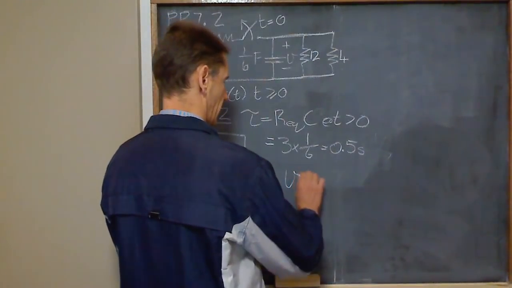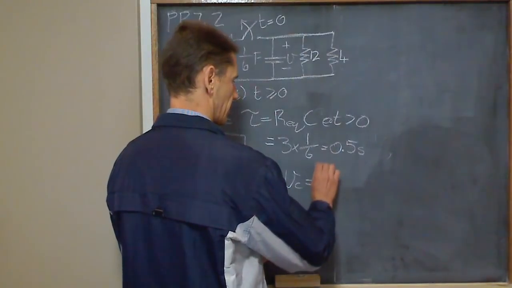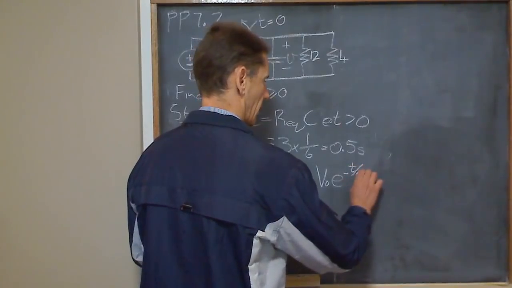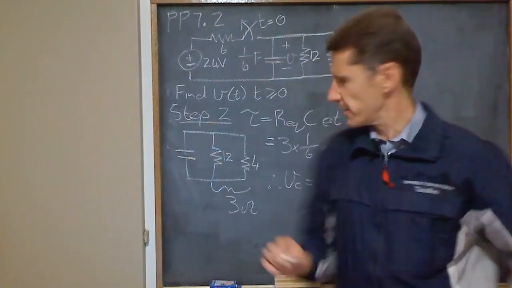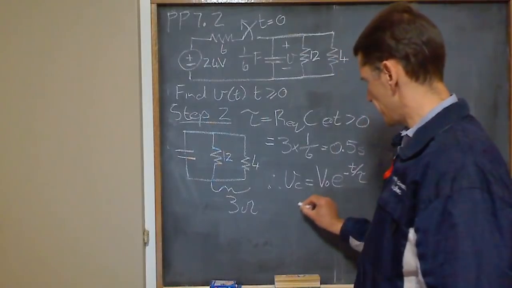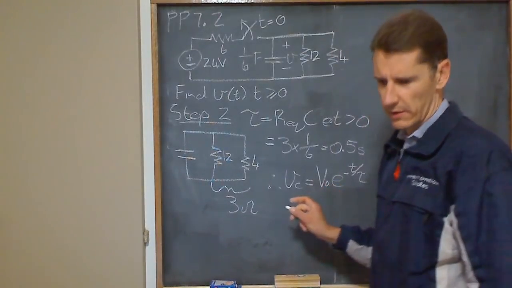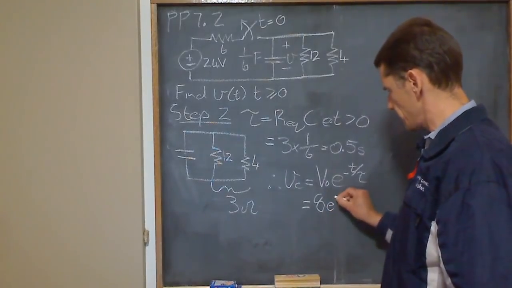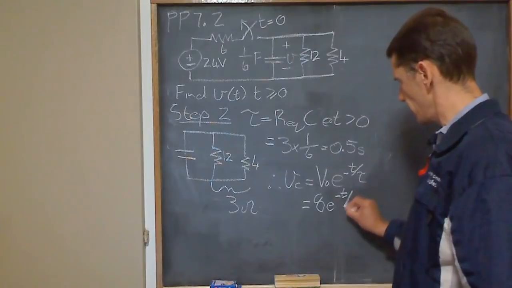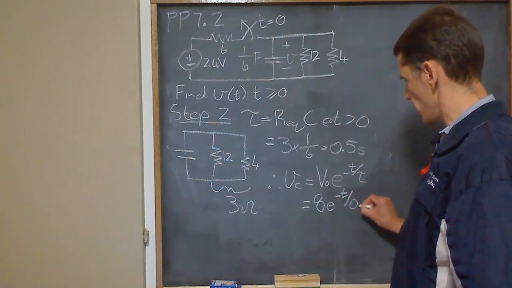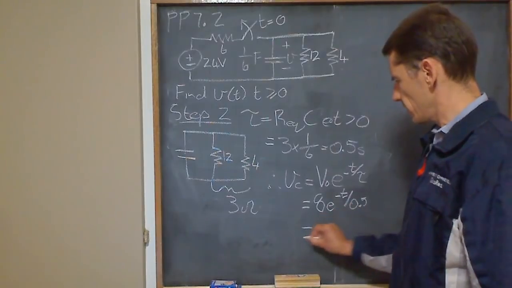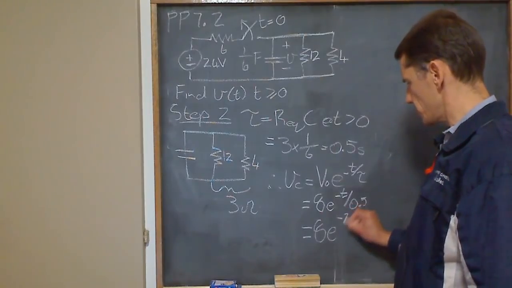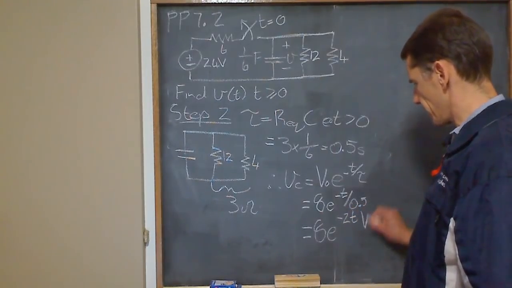So I've got my initial condition, I've got my time constant, so that means I can now finally write that V of C equals, remember the equation is V0 e to the minus t over tau. Let me just stand on this side. So that equals V0, we calculated that, what was it, 8 volts, hey? 8 e to the minus t over 0.5, or rather let's write it as e to the minus 2t volts.